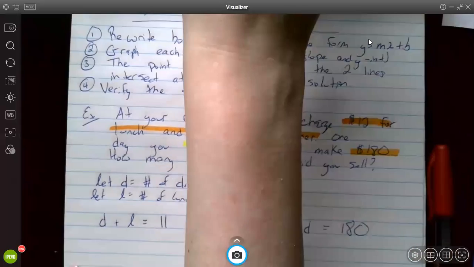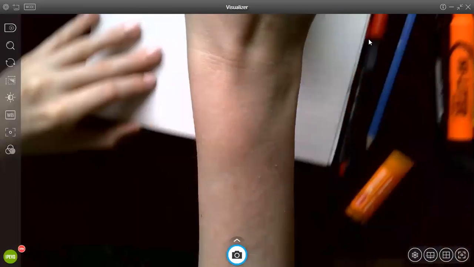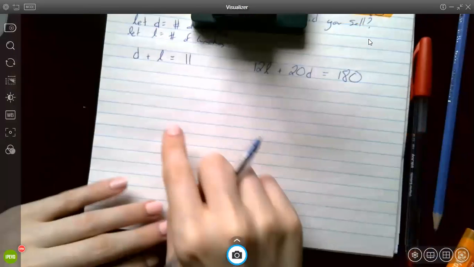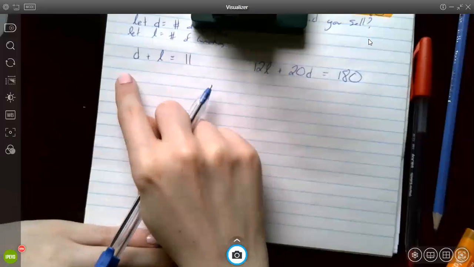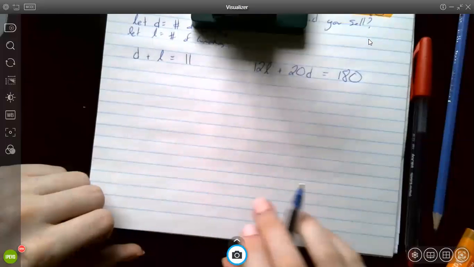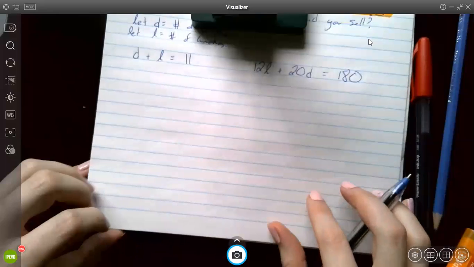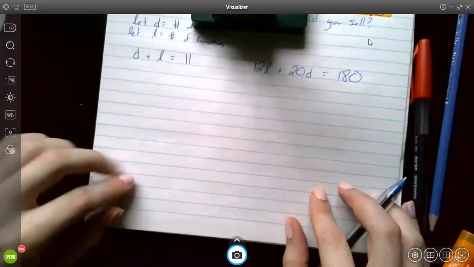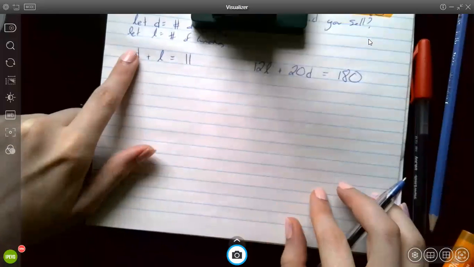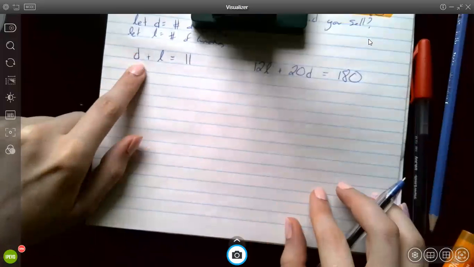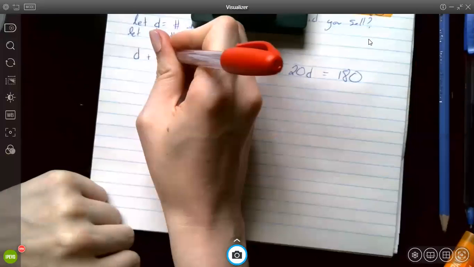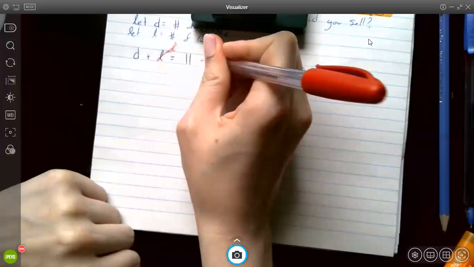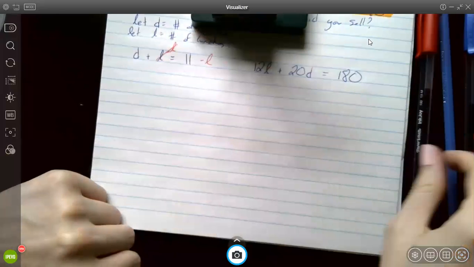From there, I'm just going to pick a variable to isolate. So I can isolate either my D or my L. And by isolate, I mean get it to the y position of y equals mx plus b. Again, it doesn't matter which one. I'm going to isolate the D, but you could isolate the L. I do that in this case by just subtracting to move the L to the other side.